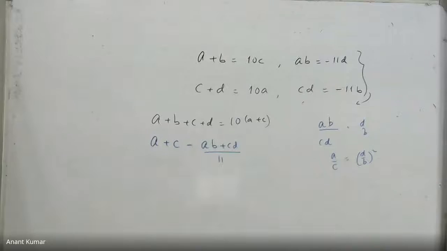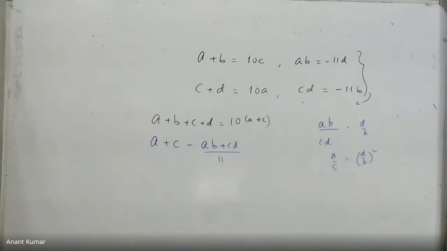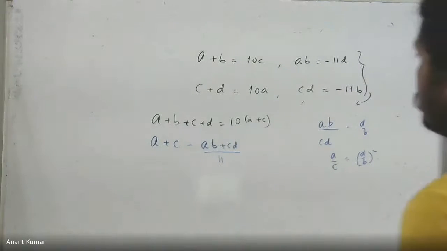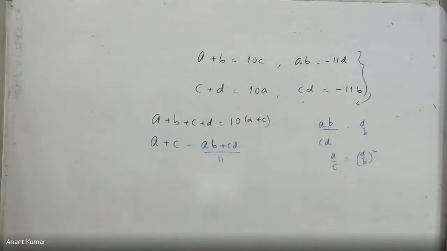We can find another equation by subtracting: A plus B minus C minus D is equal to 10C minus 10A. I don't think that is useful here. Maybe we can just put A plus C as some alpha and B plus D as some beta, for example, to simplify.